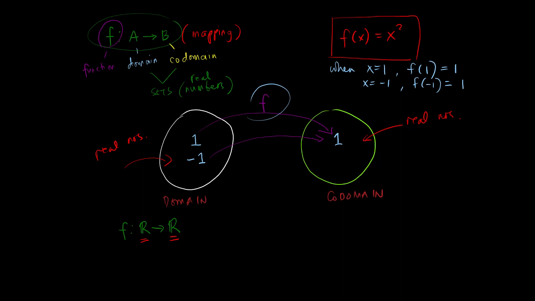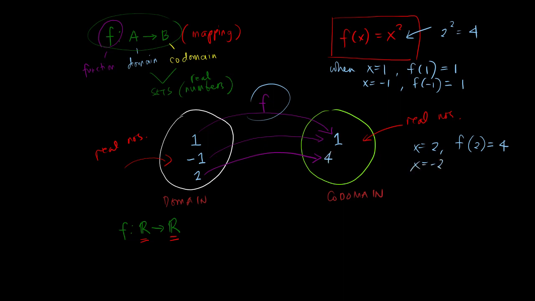Now, when x is 2, then the value of the function when x is 2 is 4. Because when we substitute 2 in this function, we get 2 squared equals 4. So in our drawing, when x is 2, then f is equal to 4.